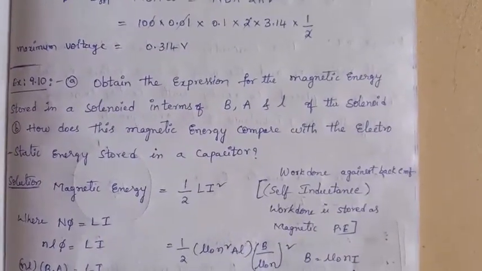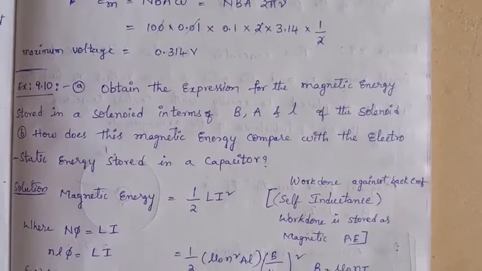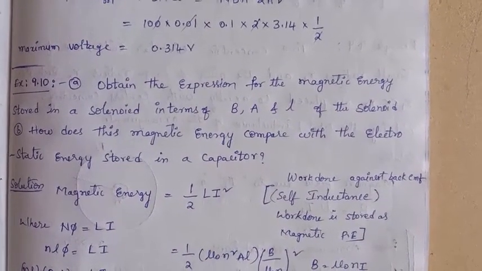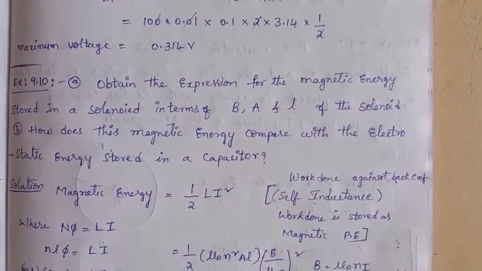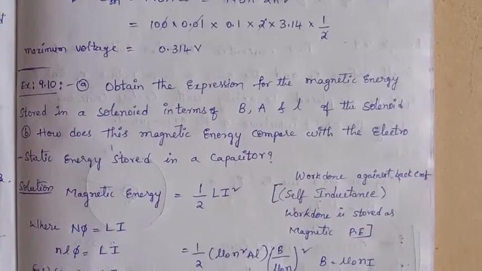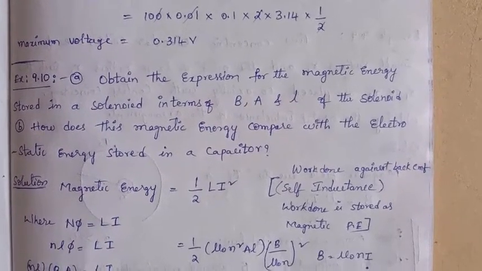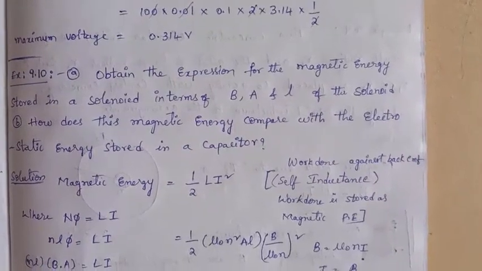Obtain the expression for the magnetic energy stored in a solenoid in terms of the magnetic field B, area and length of the solenoid, and how does this magnetic energy compare with the electrostatic energy stored in a capacitor. All of you read the question clearly.